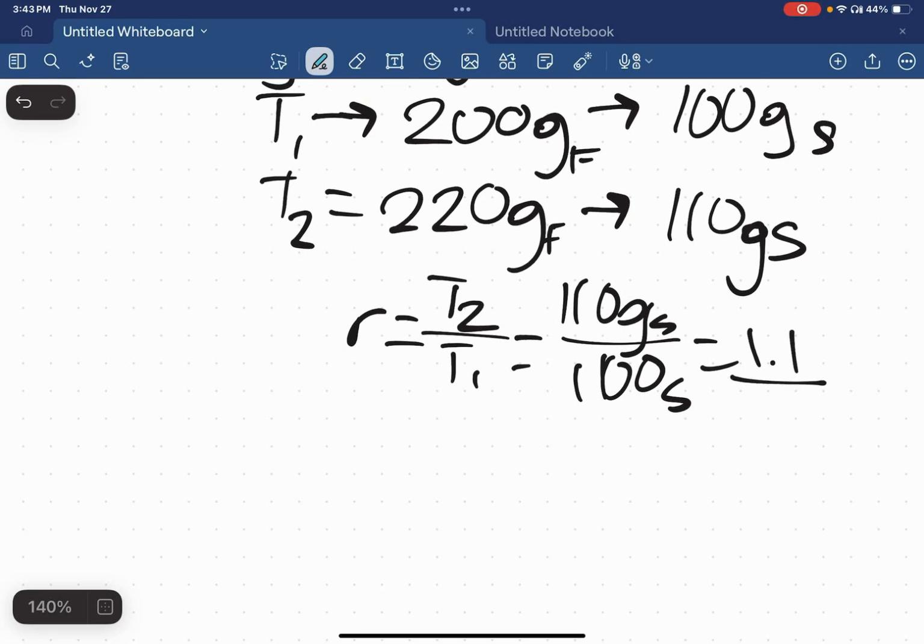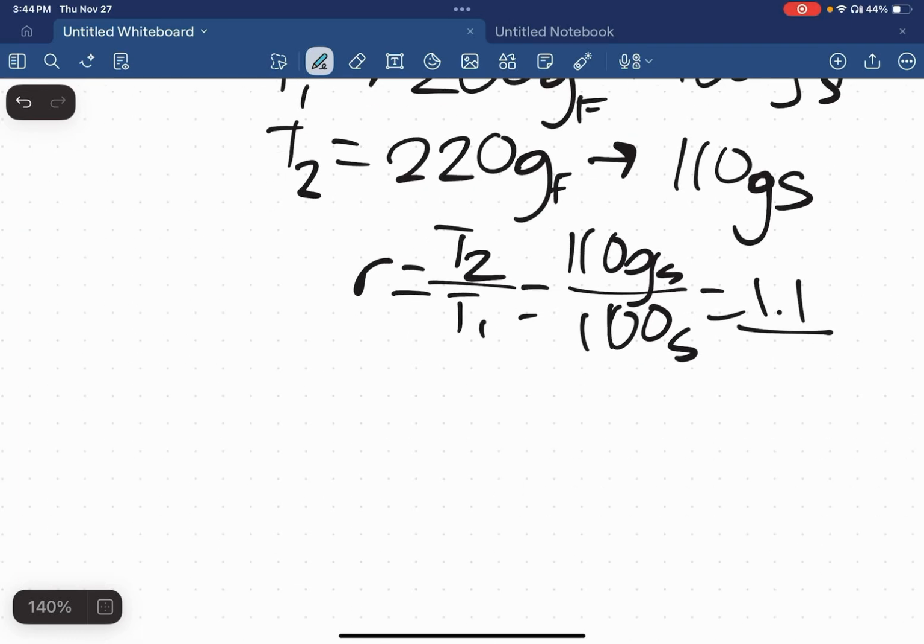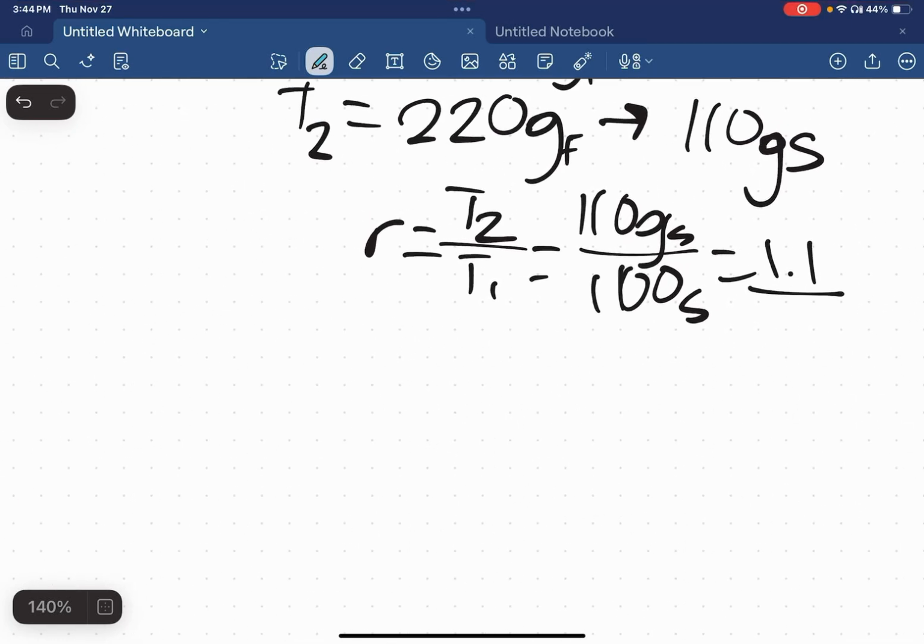But that's not all we need to do. We need to evaluate how many trials we can actually do if we only have 1500 grams of sugar. And to do that, we have to find the biggest n that we have. So let's set something up right here. It starts with 100 grams of sugar.